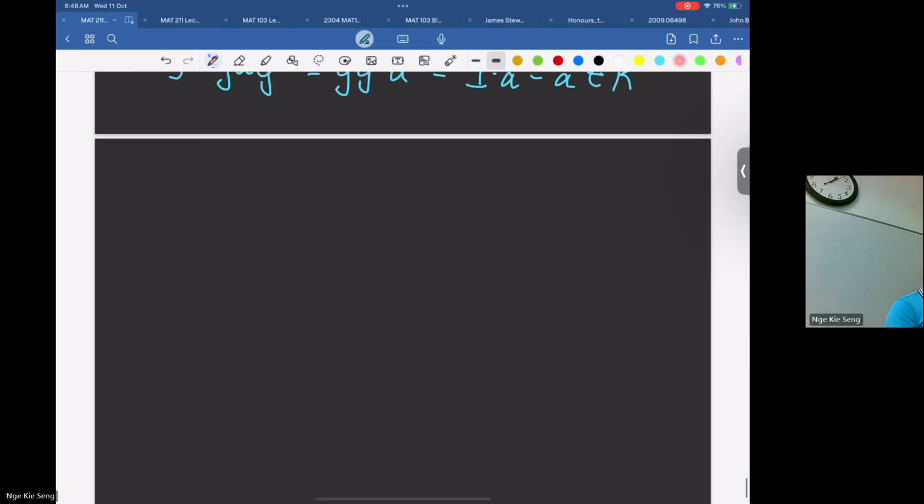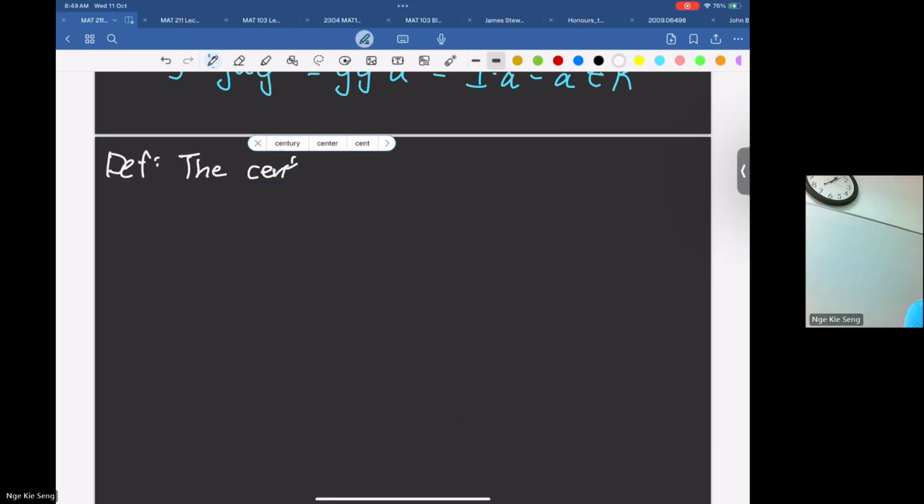Next definition, the center. After this definition, we will take a break.